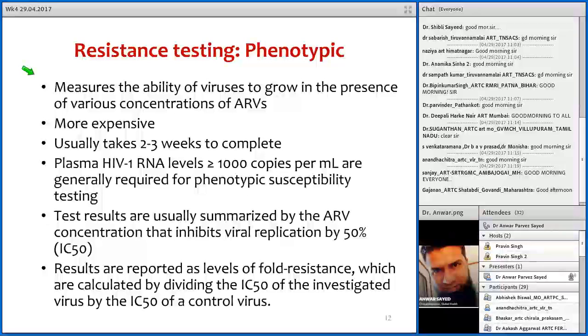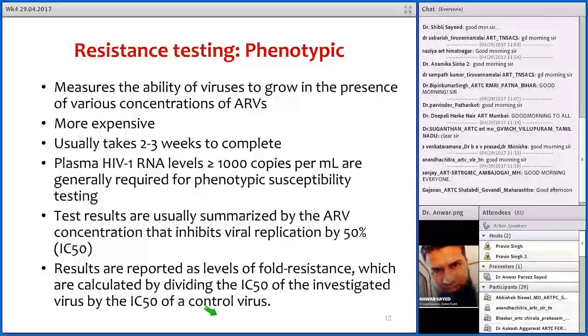So what is IC50? It is inhibitory concentration 50%. It is compared with the control sample. Results are reported as levels of fold of resistance, which are calculated by dividing the inhibitory concentration of the investigated virus by that of the control virus.